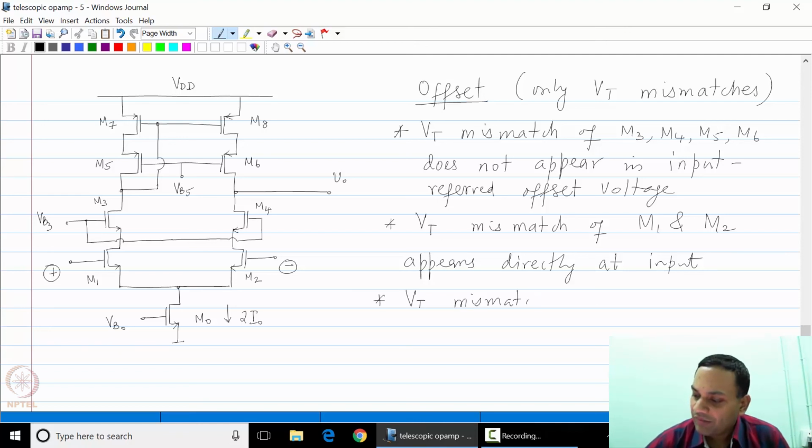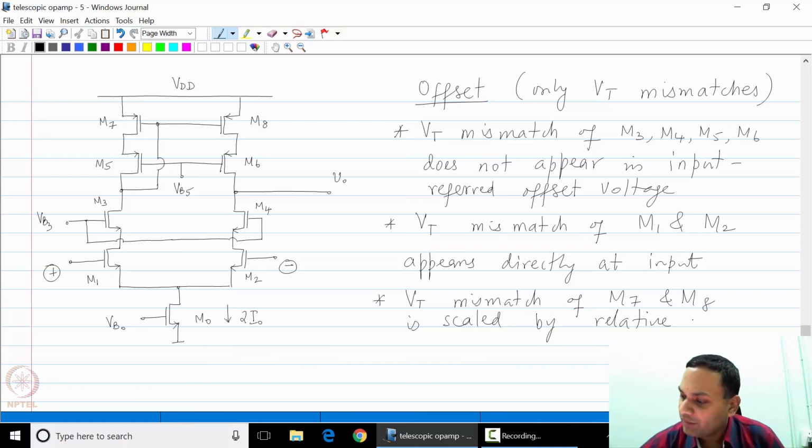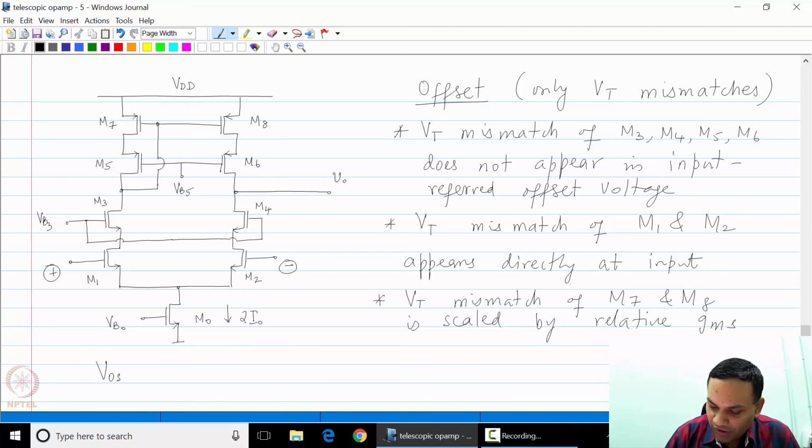And finally, VT mismatch of M7 and M8 is scaled by the relative GMs when you refer it back to the input. So the input referred offset voltage, which is represented by its standard deviation, sigma squared OSN, has two components.